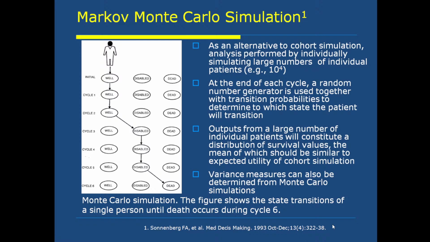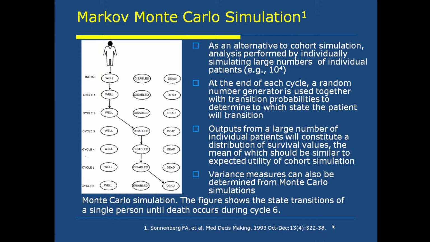In this figure, you see a Monte Carlo simulation, and it shows the state transitions of a single person until death occurs during some cycles. At this slide, you see 6 cycles. The first state of the patient is well, the last state of the patient is dead. As an alternative to cohort simulation, the analysis is performed by individually simulating large numbers of individual patients.